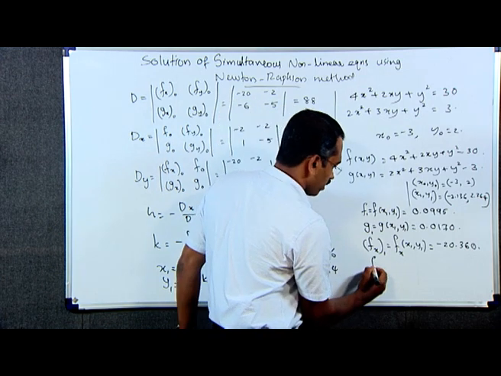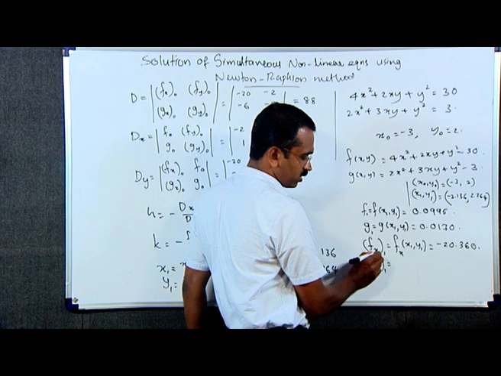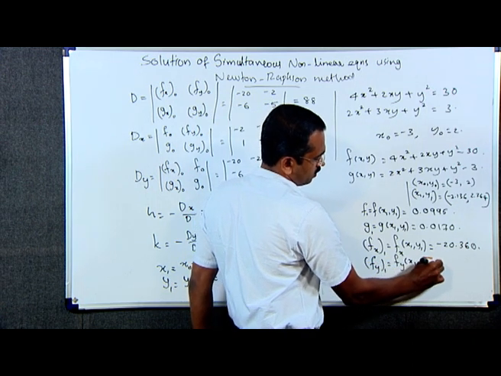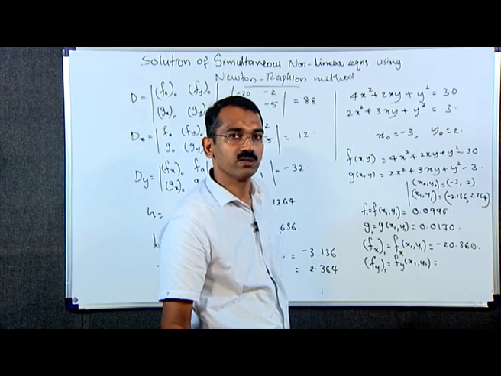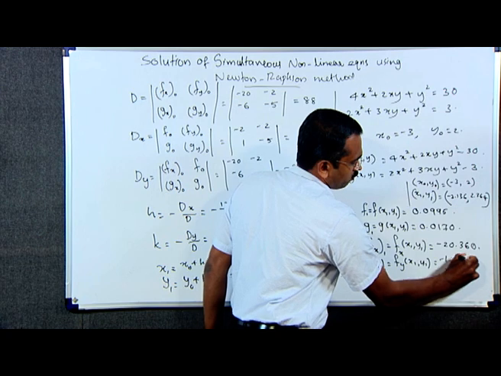Similarly, fy1, the partial derivative of f with respect to y at x1, y1, on substitution we will get the value as minus 1.544.